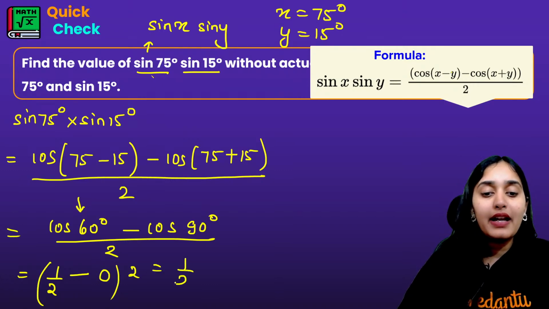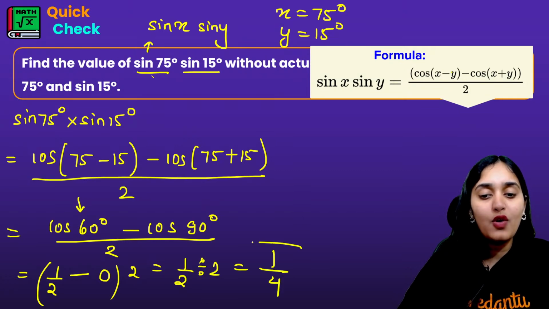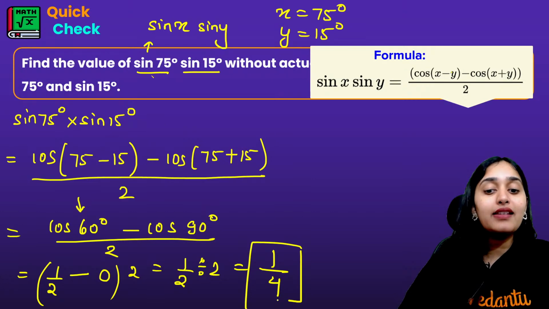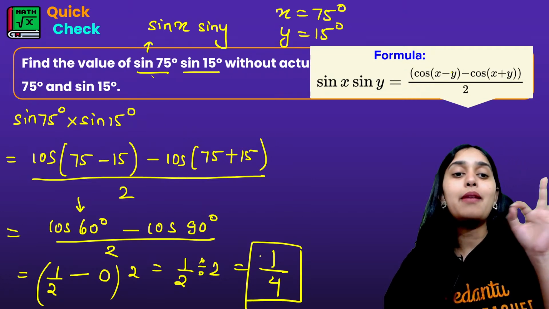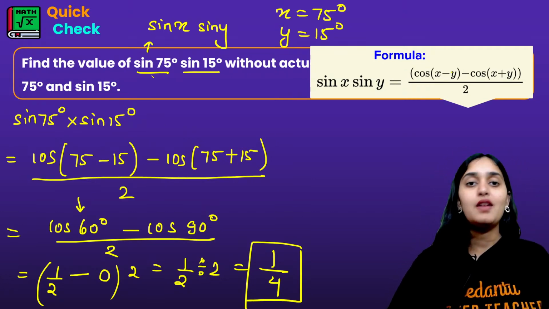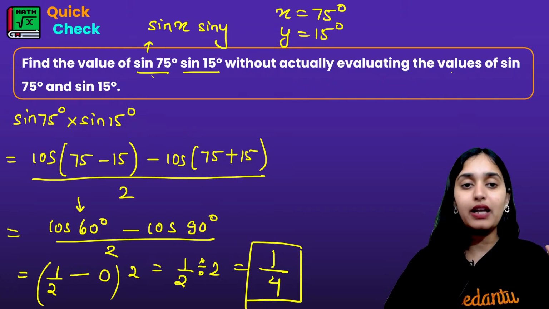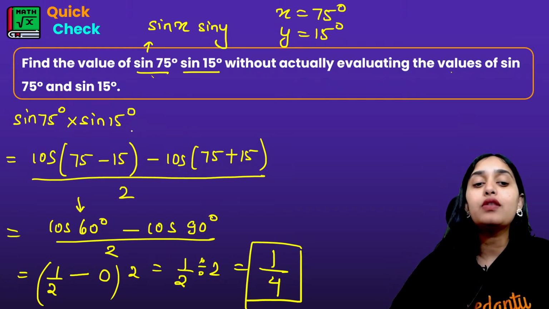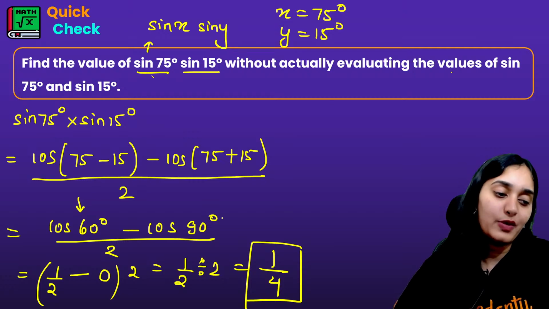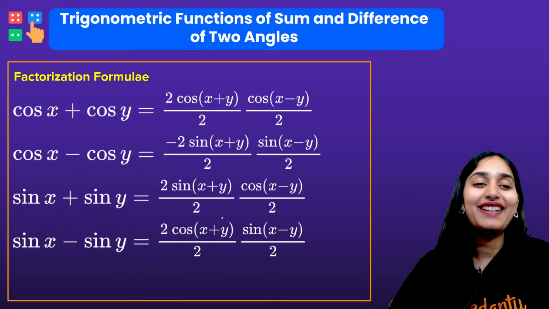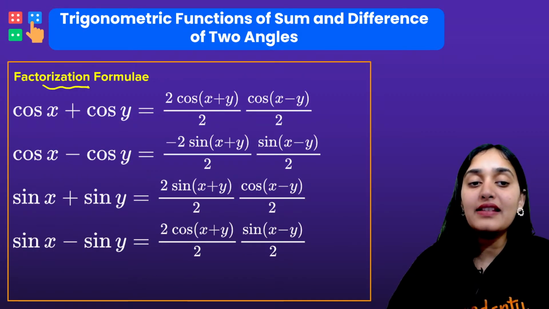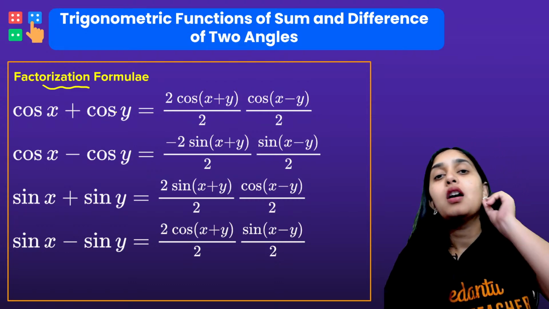So it is 1 by 2 divided by 2, that is 1 by 4. This is my answer. My answer is 1 by 4. That's it. We don't need to do anything else. So sin 75 into sin 15 is 1 by 4. Understood? Okay. Next is factorization formulas.